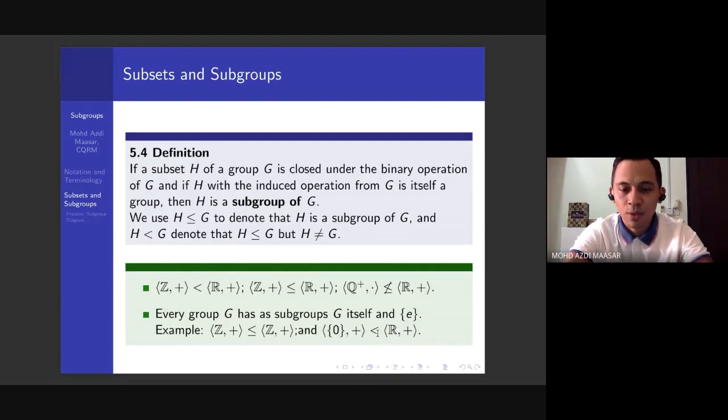The set containing 0 is a subset of real numbers, and in fact, 0 is the additive identity, or identity for addition. So whenever we are finding subgroups of a group G, we can always at least find these two basic subgroups: the group itself and the subgroup containing the identity element.